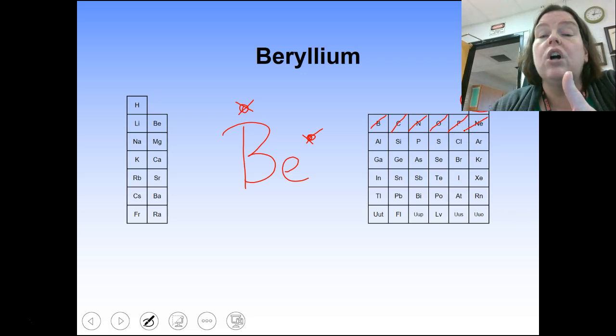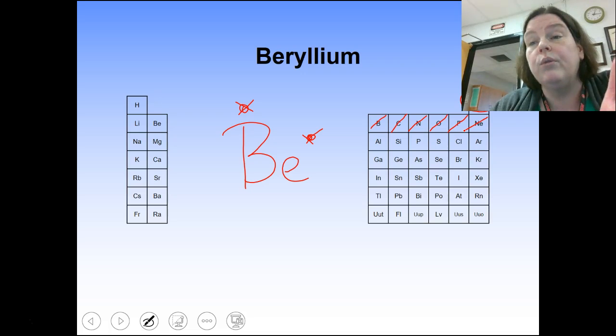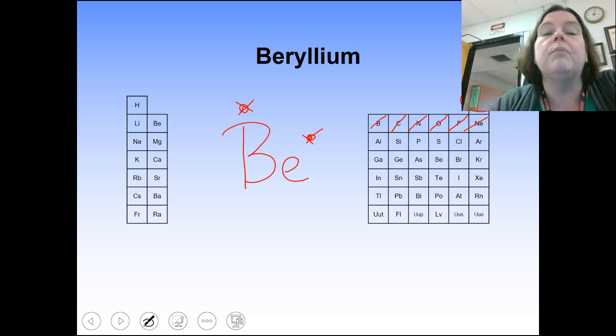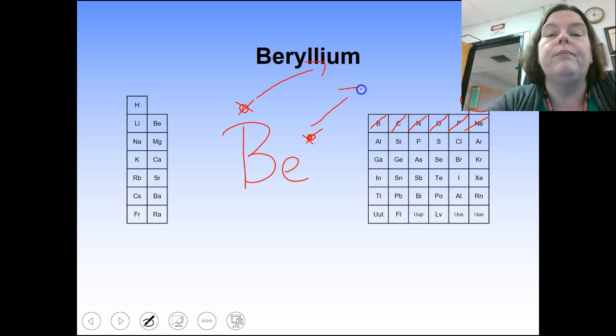Again, if we look at the energy cost, it's $200 to lose to become like helium and become a noble gas, or it's $600 to gain and become like neon, another noble gas. Either way, they're noble gases. So beryllium chooses to lose the 2, taking on a +2 charge.